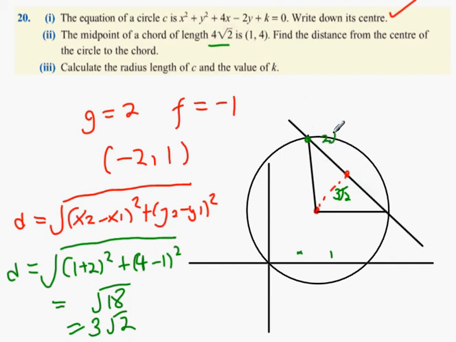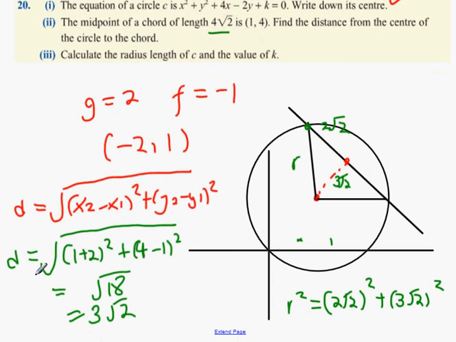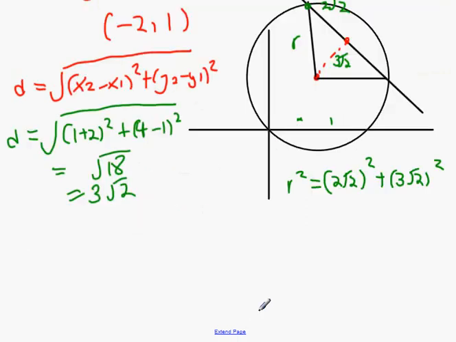And then to find the radius, we're going to find r here. R is the hypotenuse, so r squared equals 2 root 2 squared plus 3 root 2 squared. What does that come to, guys? I think it's going to be 18 plus 8, root 26. Is that right?